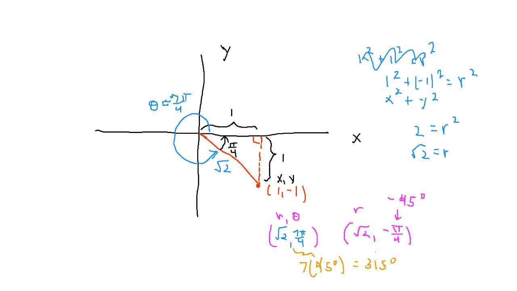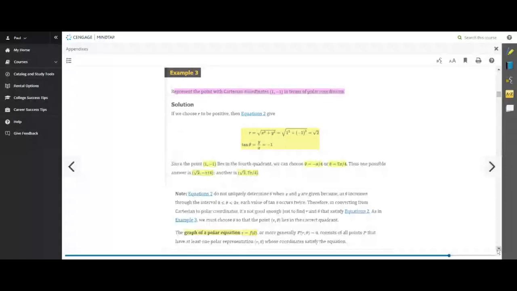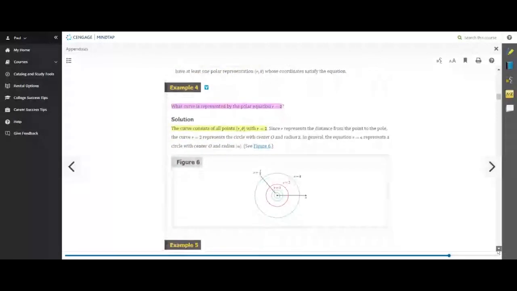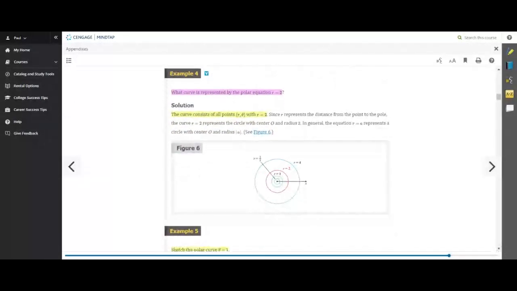While it's doing that, let me show you something else from the ebook. You can have what are called polar equations. In example 4, they ask what curve is represented by the polar equation r equals 2.